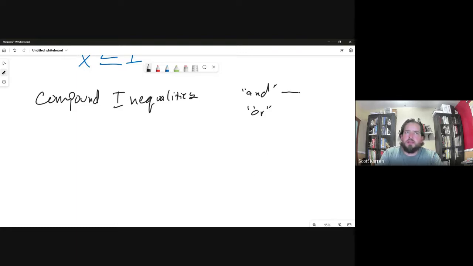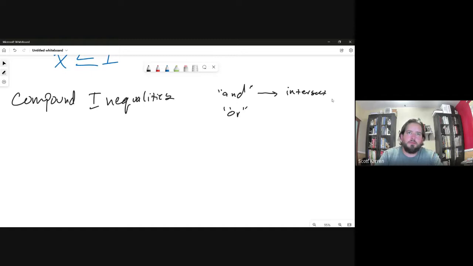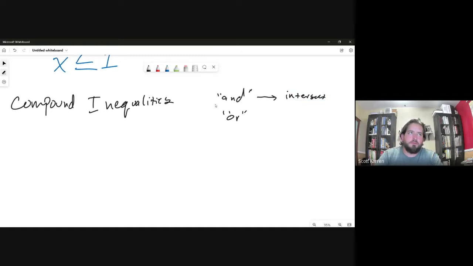And when you see and, it means that whatever the solution is, it has to satisfy both of those inequalities, and you get the intersection. And then when you see or, it means it can satisfy one or the other or both. And so you're going to end up with a union on this guy.